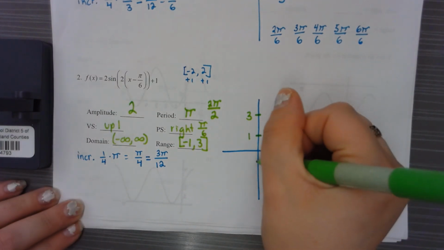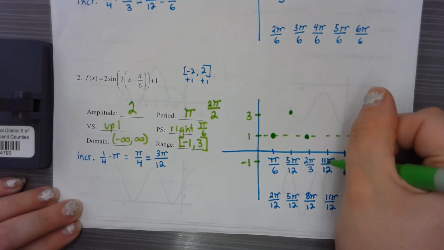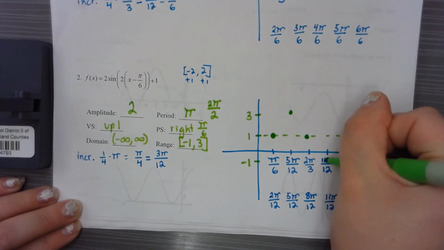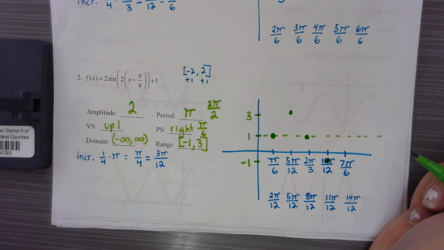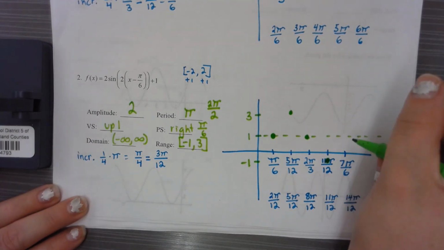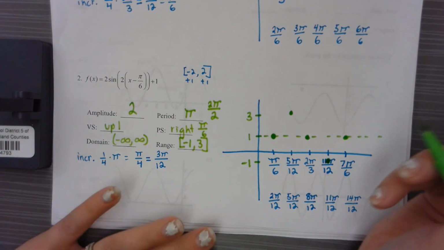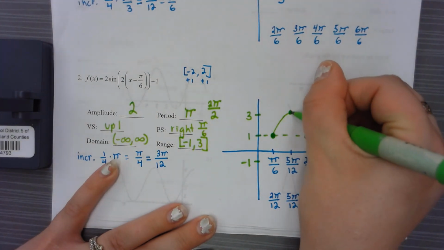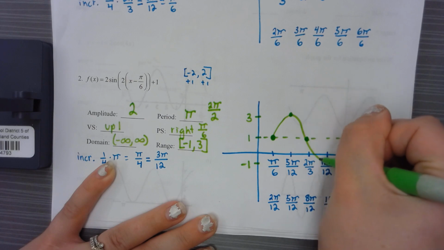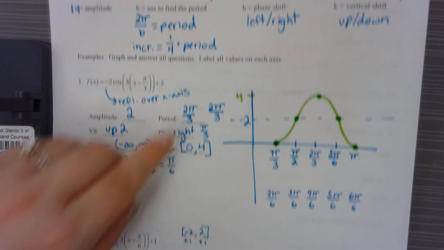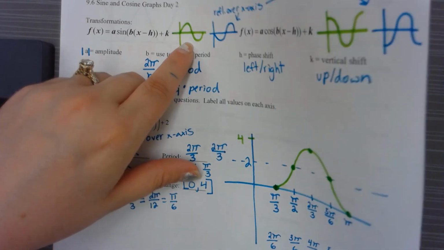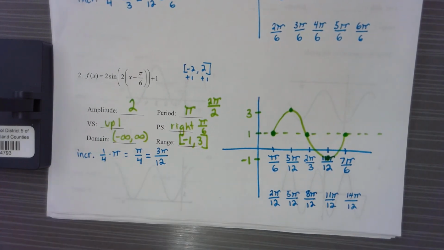So that's negative 1. So that's like, oh, it's going to be in the middle of that thing. That's fine. And then we always end back where we start, right? So it's going to end back at 1. Okay? And so this is that sine graph. And again, it should look like the sine graph we drew earlier. It should still have that same shape, just maybe moved around a little bit.